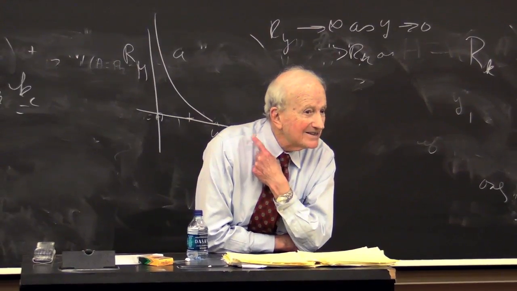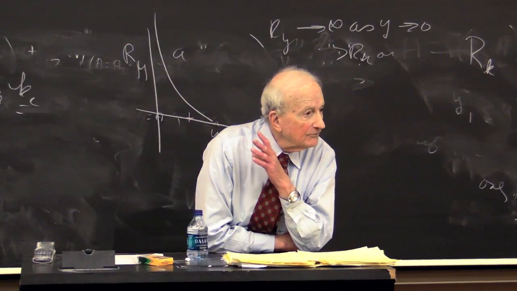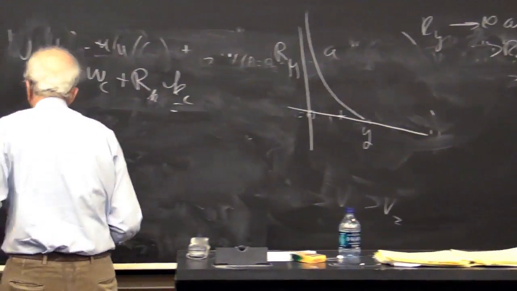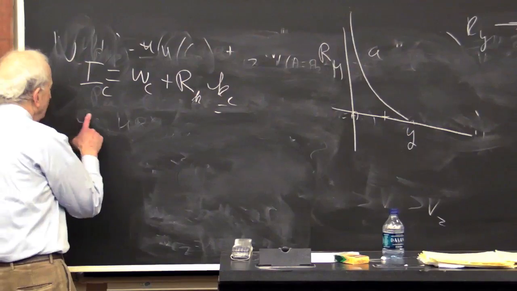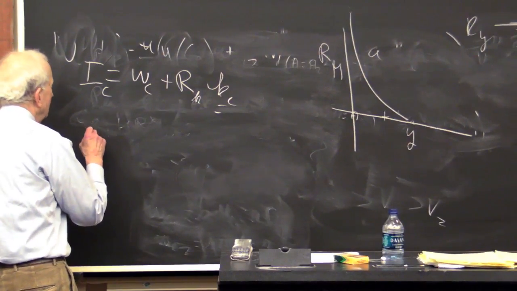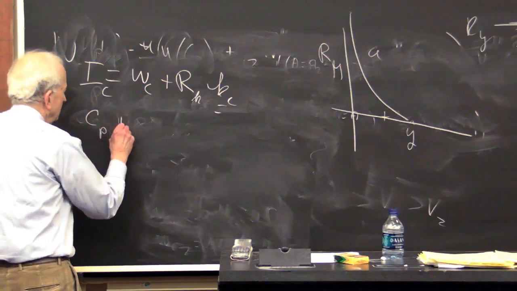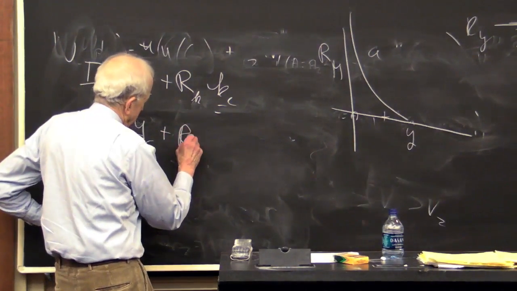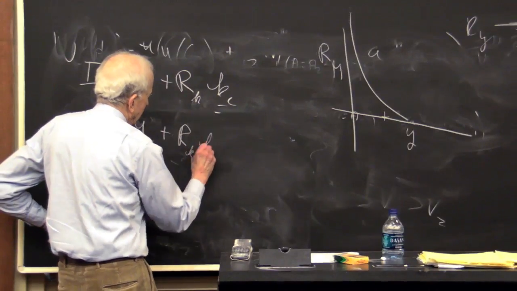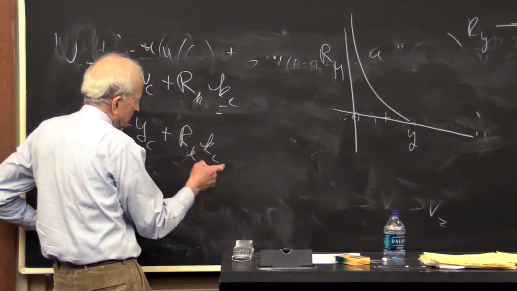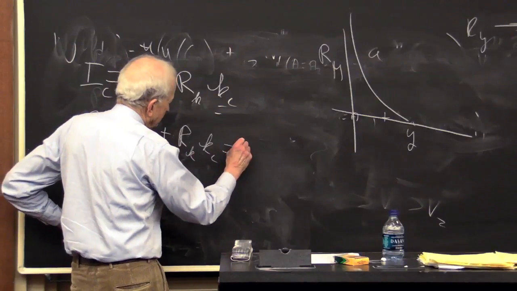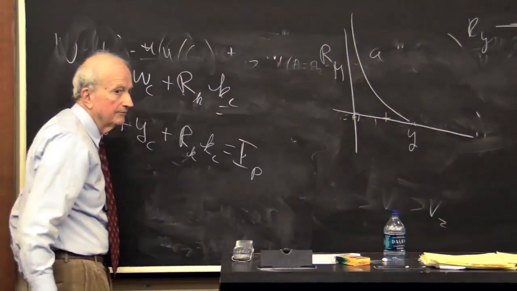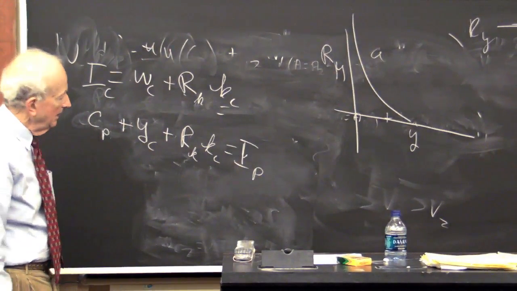Well, they try to maximize that for any amount they're investing in their kids. Now they have two forms of investment. So we write down the budget constraint of the parents. The budget constraint of the parents is now CP plus YC plus RK of C, equal to I of the parent, and I would be defined similarly to that. Parents have maybe some inheritance they haven't earned.